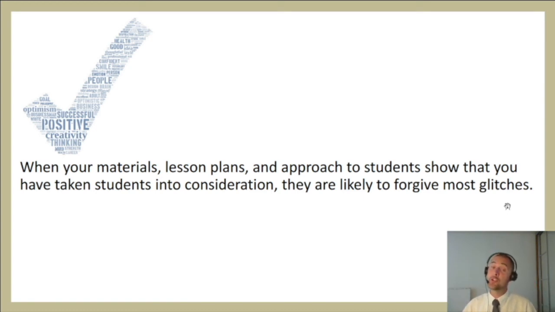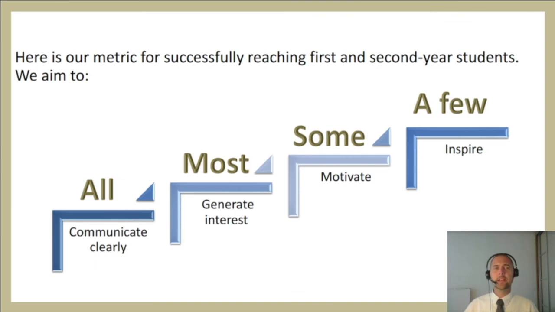But when students know that you're taking a lot of care in the planning and delivery of your lessons and that you care about the students, they are likely to forgive most glitches, especially from new teachers. And here is our basic metric for successfully reaching first and second year students. Above all, we aim to communicate clearly for all of our students. This is in our instructions and in our explanations of economic concepts.